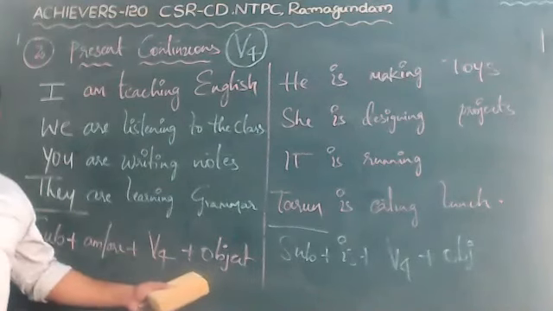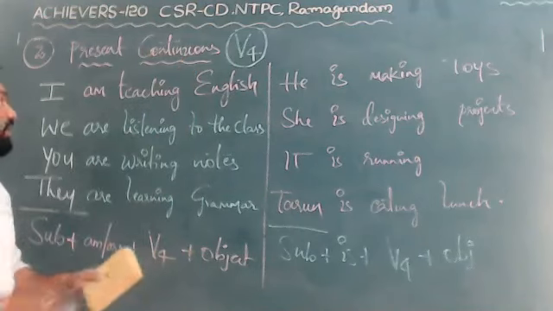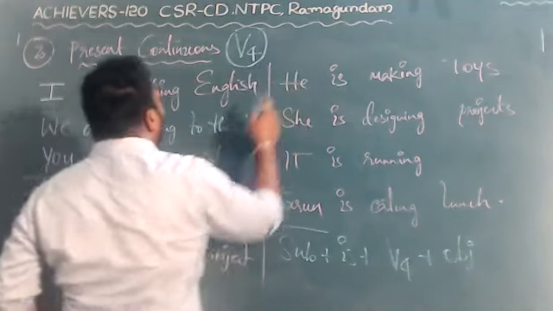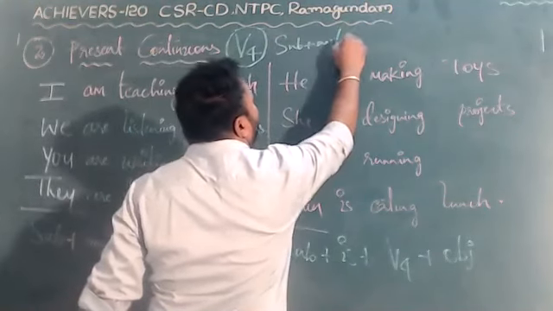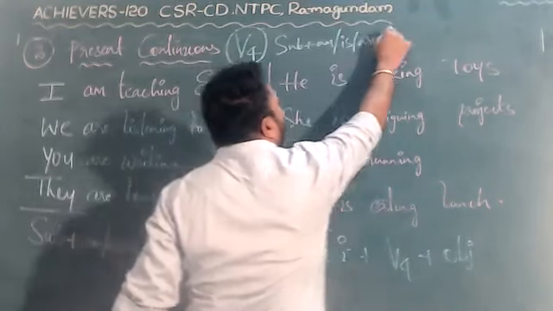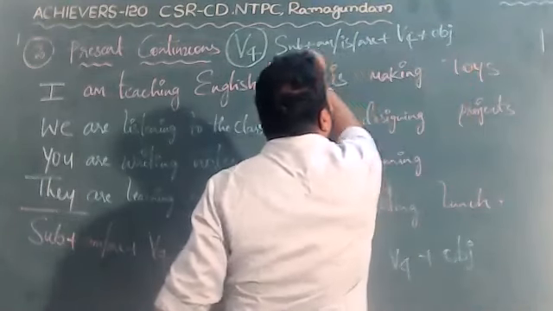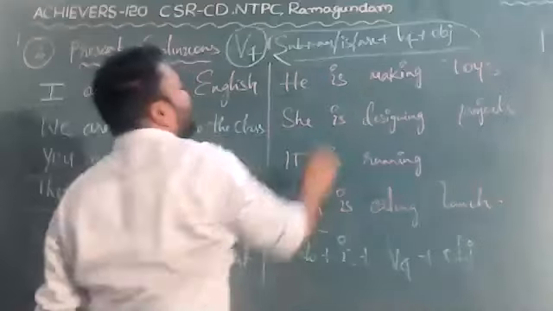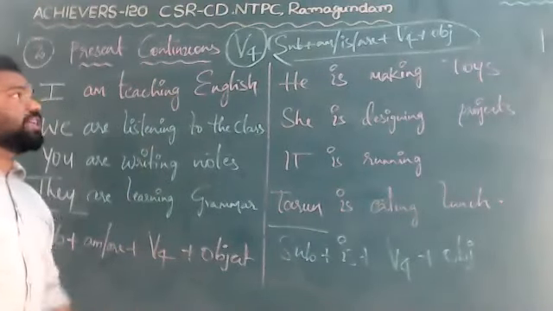And this is the structure of the sentence of present continuous. I will write here: subject plus am or is or are plus V4 plus object. Perfect. This is the actual structure in making present continuous forms.